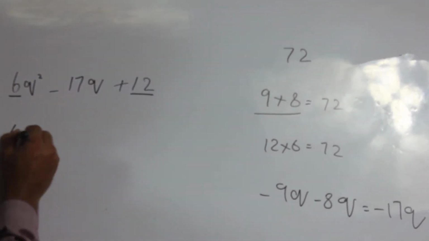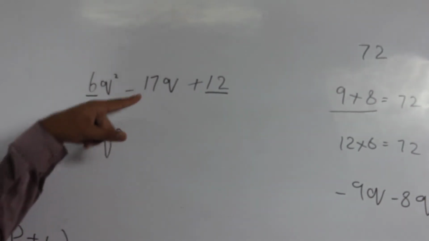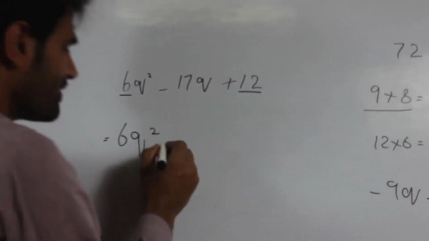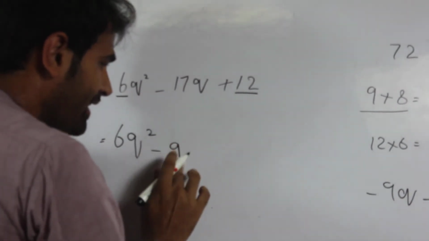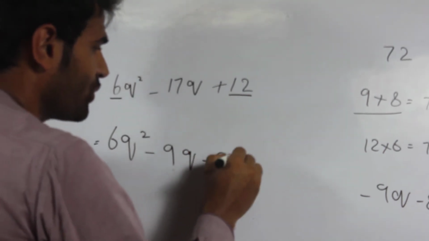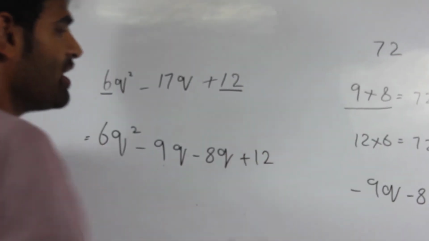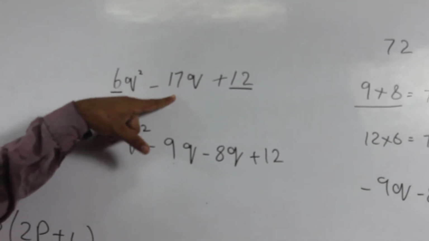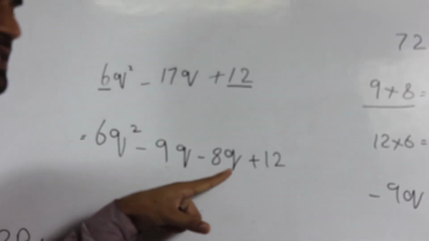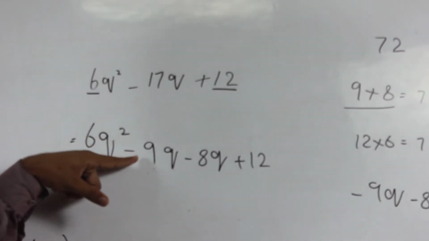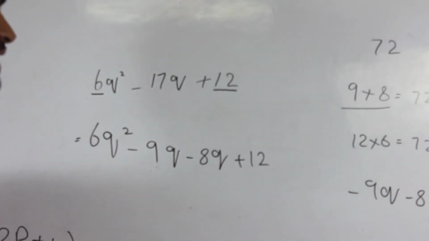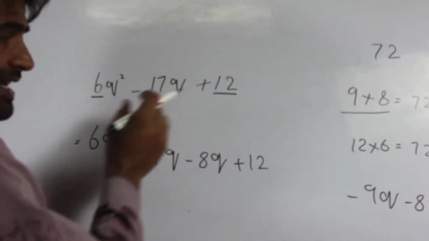So I break minus 17q into two numbers, so I write minus 17q as minus 9q and minus 8q. When I simplify minus 9q minus 8q, I get minus 17q.